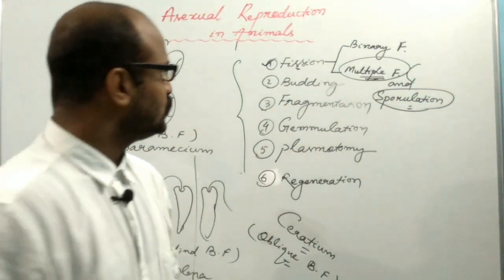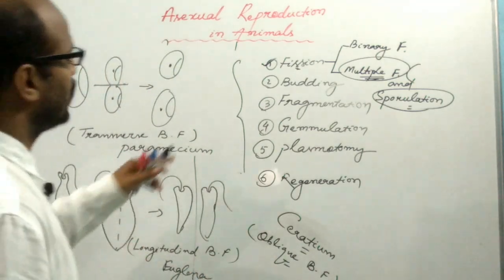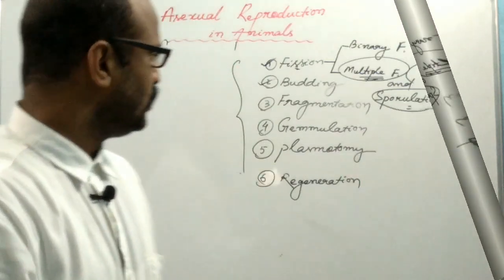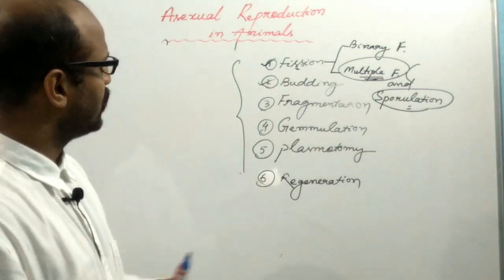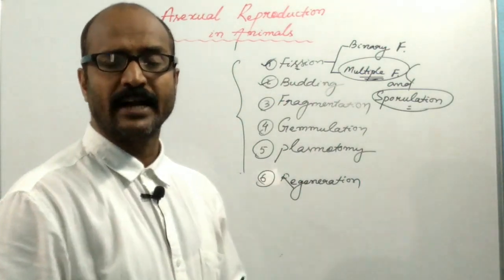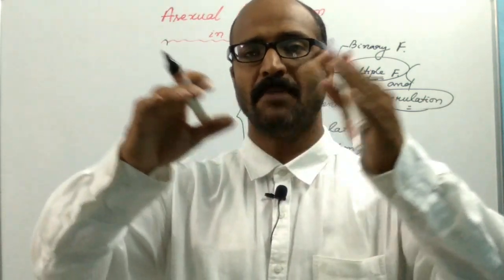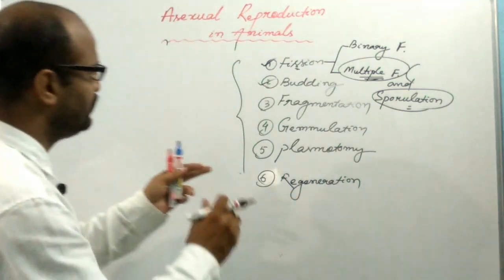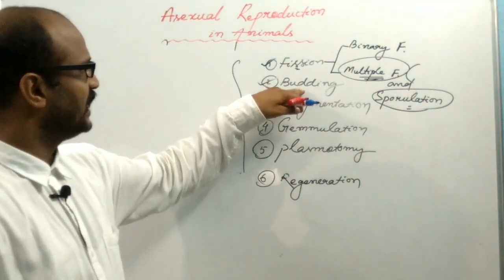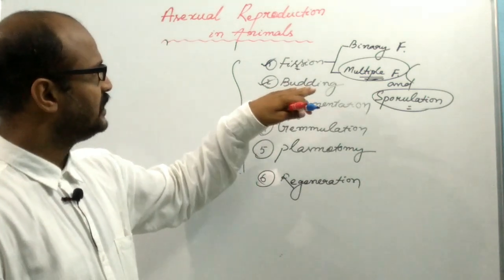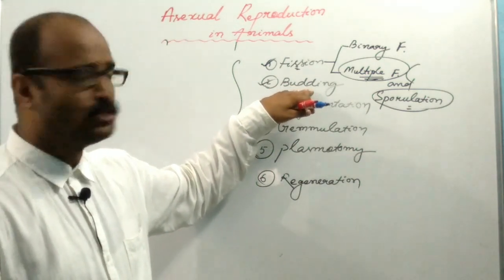Now come to another type of asexual reproduction, that is budding. In budding, there is production of a reproductive unit known as the bud. A bud means a reproductive outgrowth formed by the division of a special type of cell, in sponges, in hydra, or somewhat in protozoans.